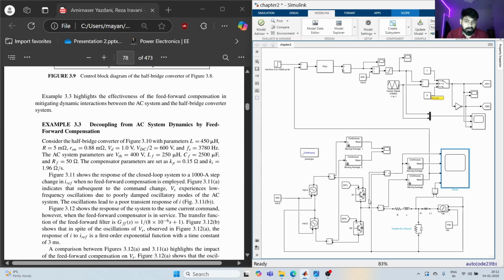What we see here are very poorly damped oscillatory modes of the AC system, as also mentioned in the example: when there is no feed forward compensation, when we change the VS, it experiences low frequency oscillations due to poorly damped oscillatory modes of the AC system. The oscillations lead to a poor transient response of I. What it means is that this AC system, what we have here, has very poor damping for the voltage which we see here, which is the source voltage.